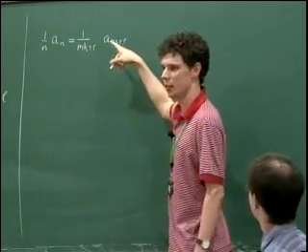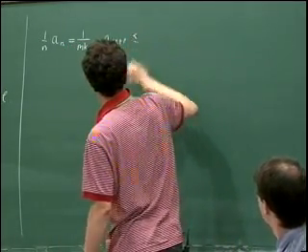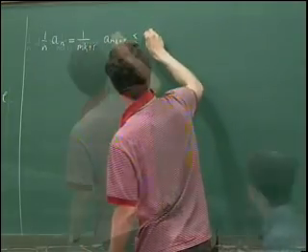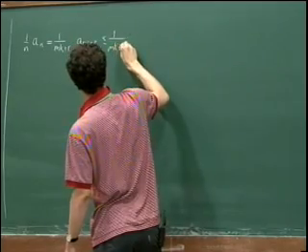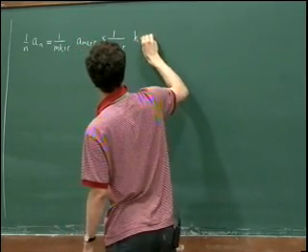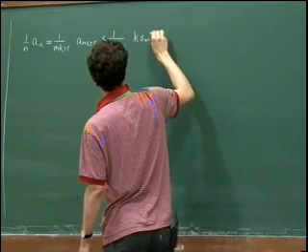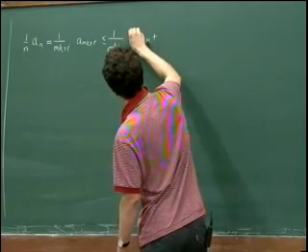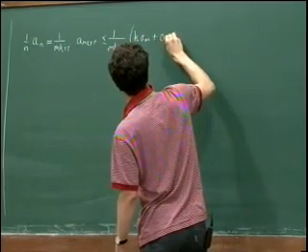We can make use of subadditivity to rewrite a_n as at most k times a_m plus a_r.